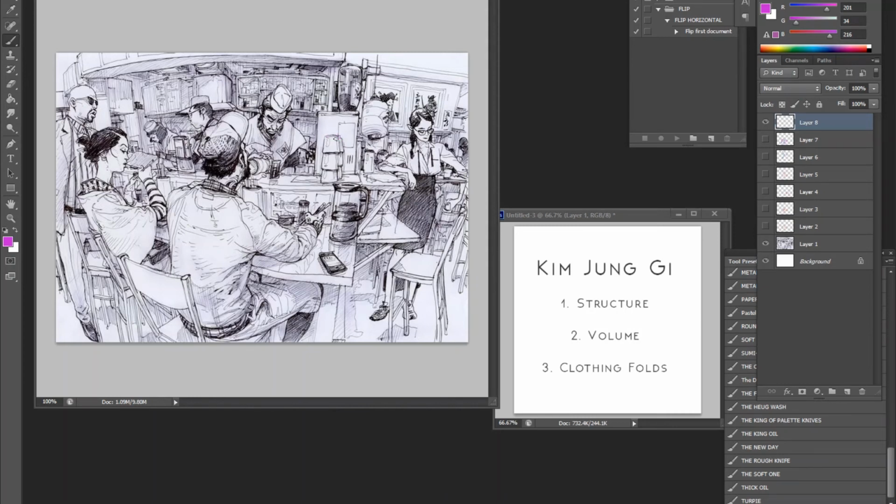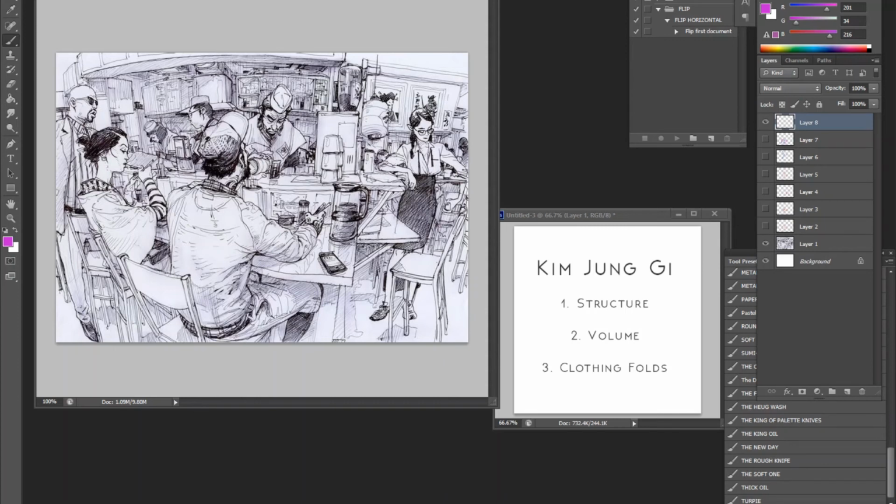On a final note, I want to talk about clothing folds. One of the most impressive things that he does is his ability to create clothing folds. Now, this is a topic I'll probably have to use in another video, but I'm going to create a very basic idea of it. Wherever there's tension in clothing, you start to create folds.